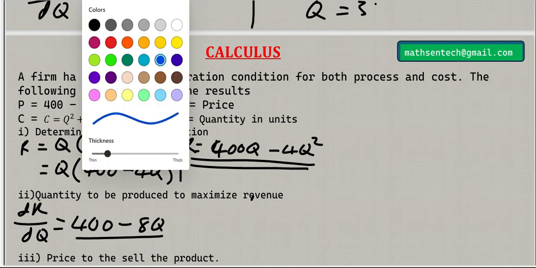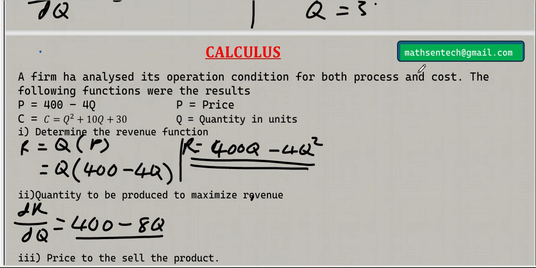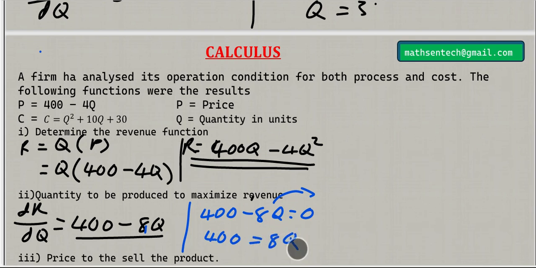After getting that, the next thing, it's the same drill, equate this to 0. So you get 400 minus 8Q equals 0. Take this 8Q to the other side. Now you have 400 equals 8Q.